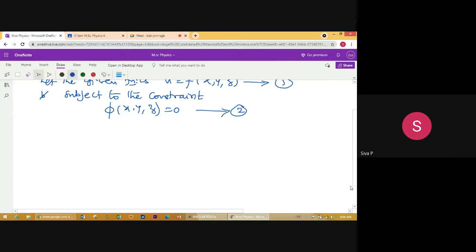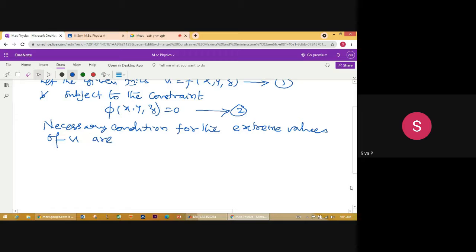What is the necessary condition for the extreme values of u?